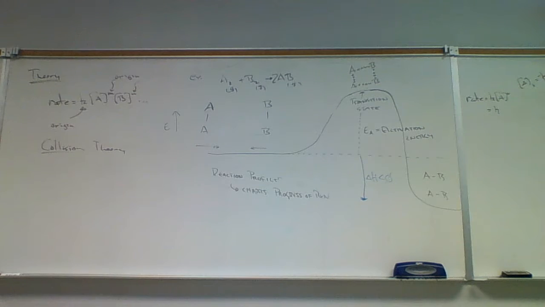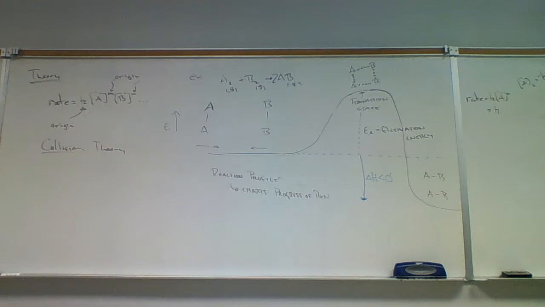Do you recall the name of this kind of curve? Is it a bell curve? No, it's not a bell curve. It's this curve here. It's kind of like a bell curve, but it's not symmetric. It's asymmetric. It looks like a bell curve, but it has this tail on it, a high energy tail.